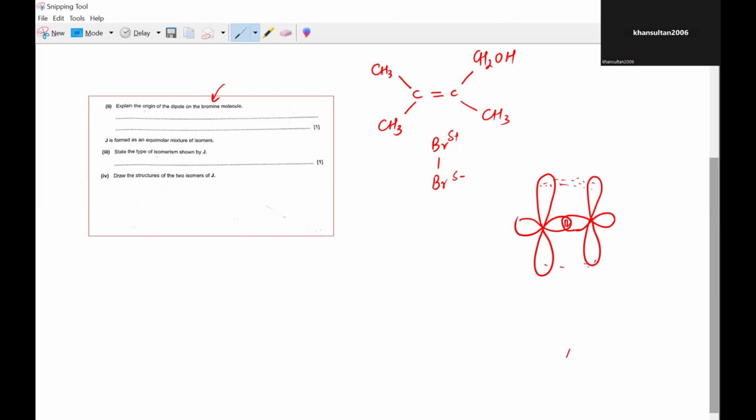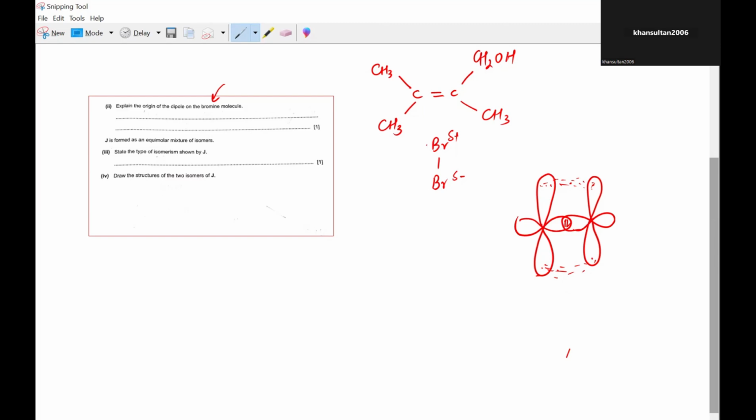So you can see why a pi bond is weaker, because electron density is spread around it. Electrons can be at this position, this position, anywhere. So the pi bond is, first of all, more reactive. This is the reason.